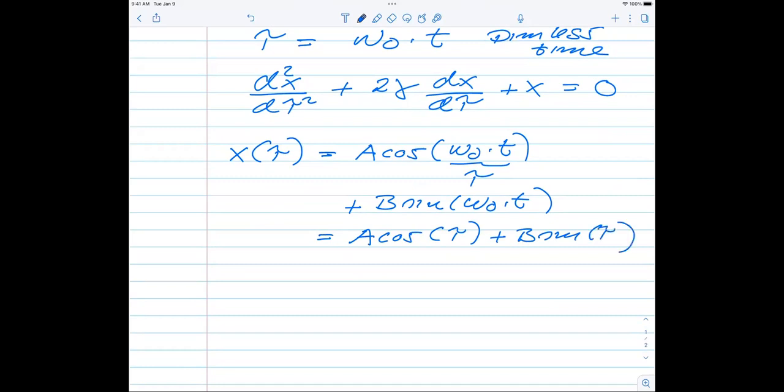Now we can rewrite this, and this is going to be useful for the analysis now in terms of exponentials. So we need to go back to the first homework and the first exercise we did, where we looked at the Taylor expansions of cosines and sines, and we found that we could express them in terms of exponentials. So let me quickly remind you of this and how we can rewrite this solution here in terms of exponentials.